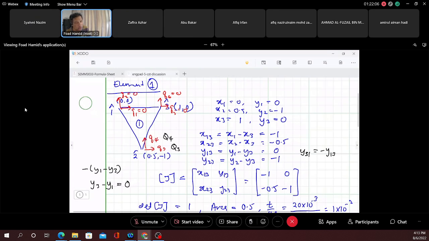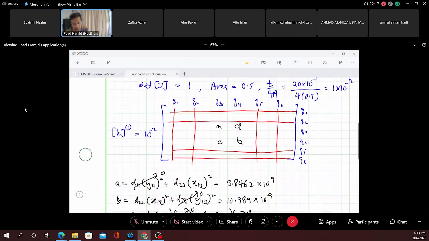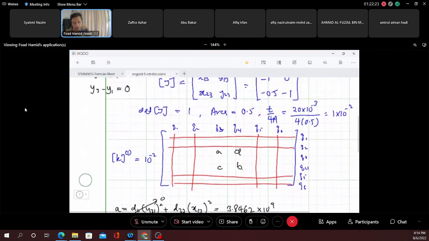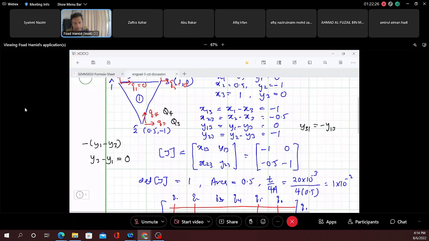Small q is for local, which is element based. Capital Q is for our global coordinate system. So now what we have is only Q3 and Q4, because these are the only 2 degrees of freedom that we have for our element number 1.